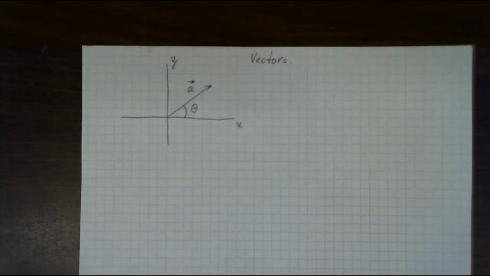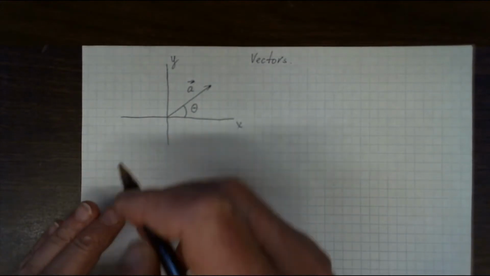The first one is graphical, so that's exactly what I did in this picture. We show the angle and we show an arrow with length proportional to the magnitude of the vector. The second one is using trig, or in math we say using vector components.